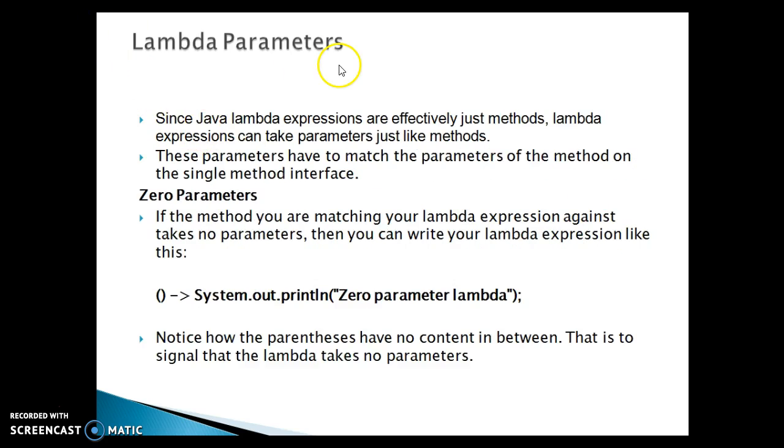Now, lambda parameters. Related examples we have already seen in the previous video tutorial. Since Java lambda expressions are effectively just methods, lambda expressions can take parameters just like methods. These parameters have to match the parameters of the method on the single method interface.